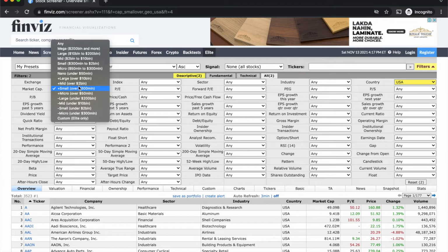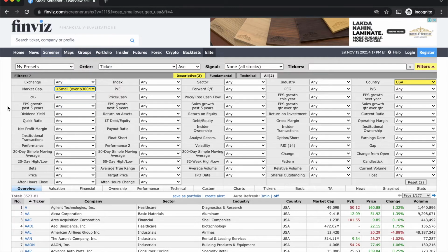Here I'm using 300 million, because the entire idea of the screener is to pick undervalued companies, right? So say a company was valued at $1.5 billion, and right now it's trading at a 50% discount. Automatically that company is going to have a market cap of $750 million right now.